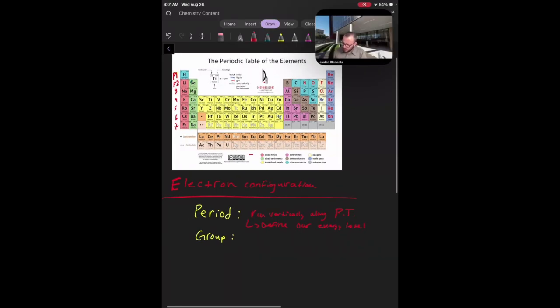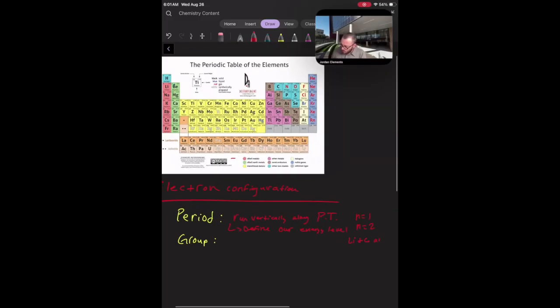So the first period would be n equals 1, second period would be n equals 2, and so forth. So we would say lithium and carbon are period 2, or n equals 2.